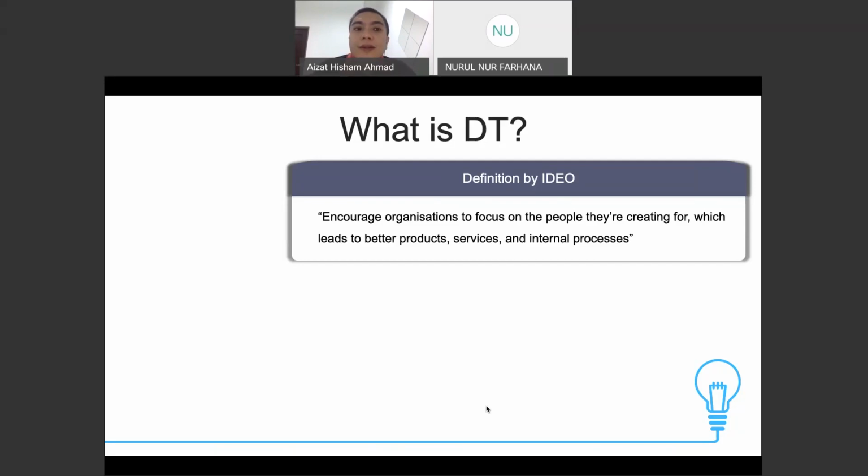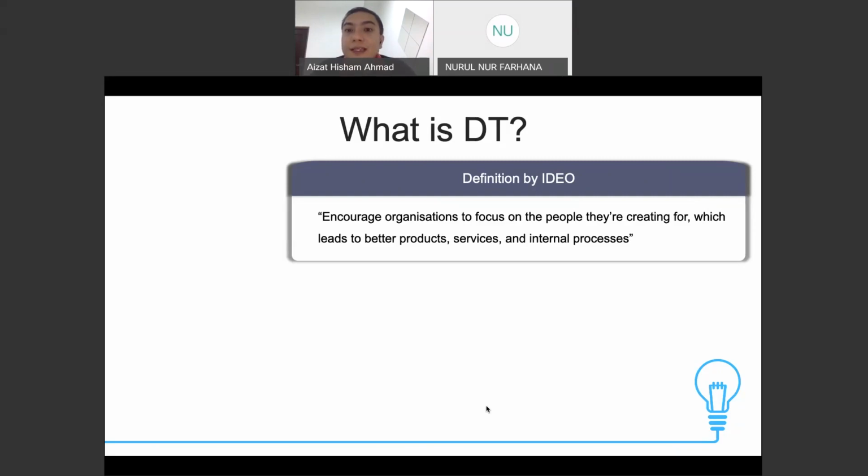They came up with the School of Design, and starting from the establishment of the design thinking concepts and also projects, many organizations were pioneered by IDEO. IDEO sounds like idea, but it's actually O for organization. And IDEO is the leading organization for design thinking.